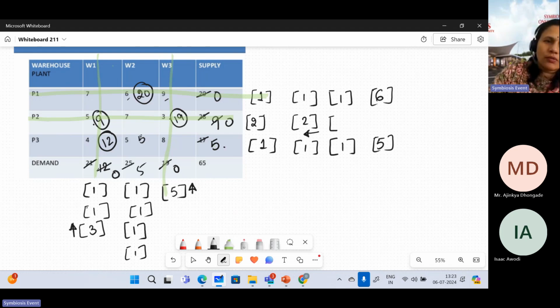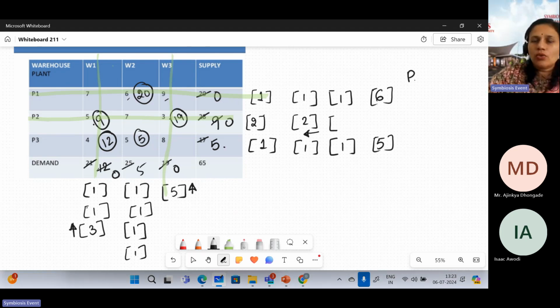So make the allocation. If I compare, I'm receiving here P1 to W2, right? Number of units 20, per unit cost 6. Then we have P2 W1, number of units transported 9. Then we have P2 W3, number of allocations 19, per unit cost 3.